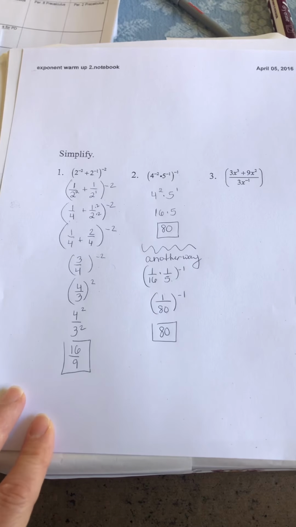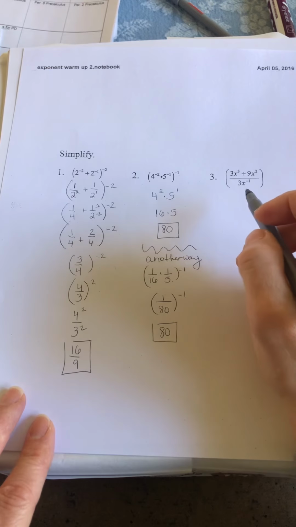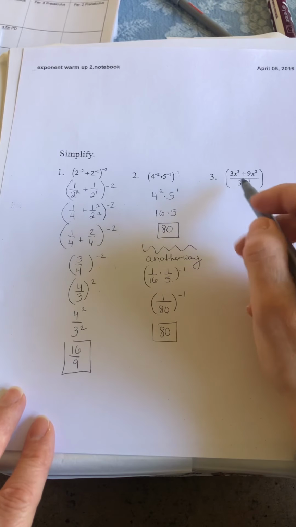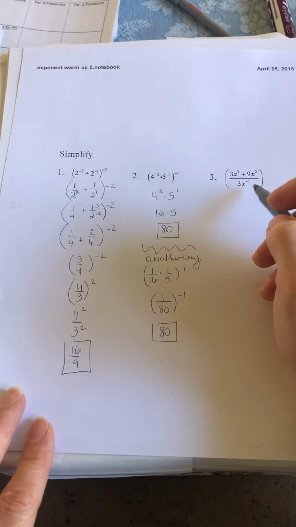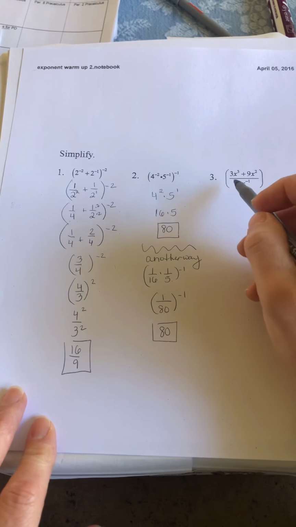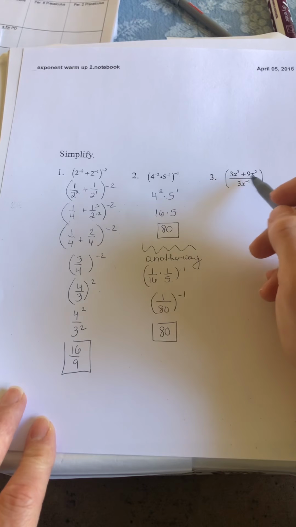The last problem here, number 3, we have 3x cubed plus 9x squared, all divided by 3x to the negative first. I think probably the easiest thing to do here is to separate this into two fractions.